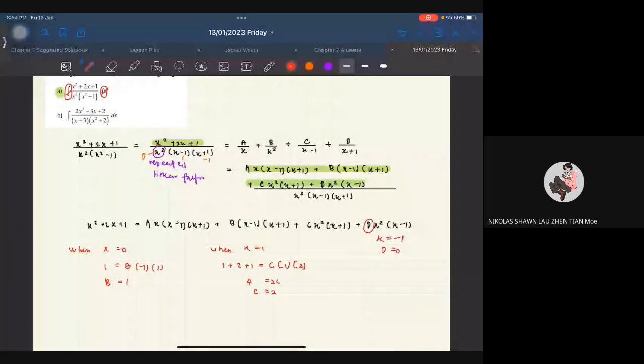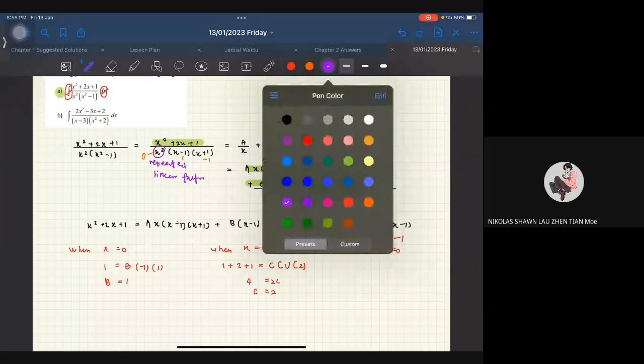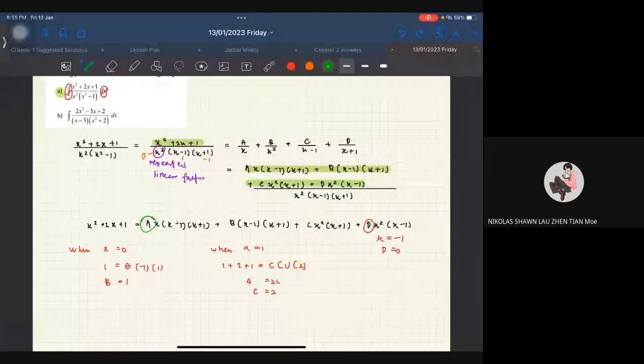Okay, so now we have no more roots to put into our equation. So what you can do is type any value that you want to find the last value of unknown A. We only need to find the value of A that remains. So you can put in any value. My advice would be, please use the easiest number that you have.